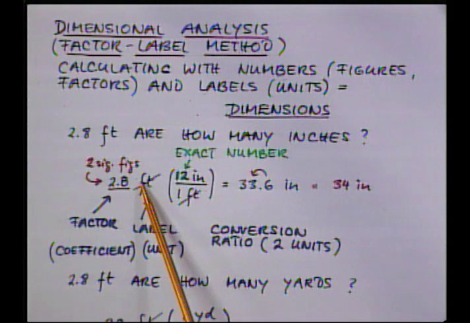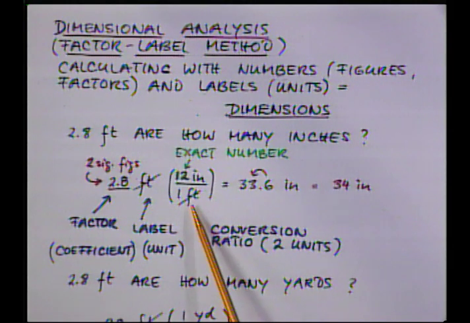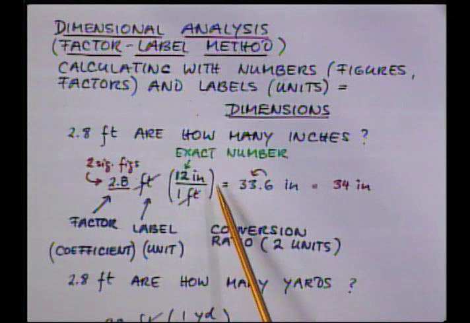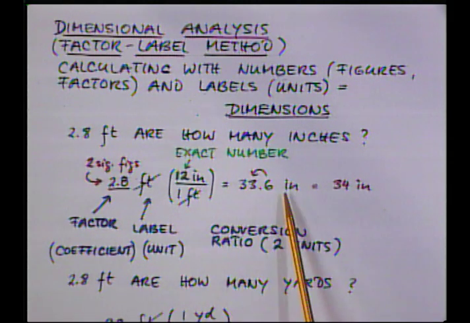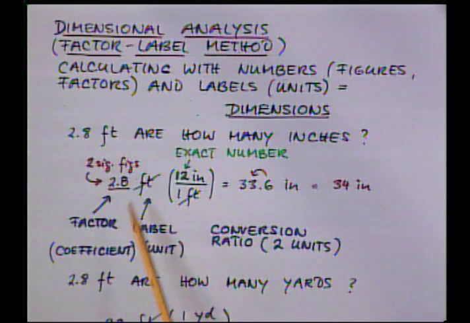that the unit that we want to get rid of has to be in the denominator of the ratio fraction, and the new unit that we want to come up with in the end on the right side of the equation has to be in the numerator portion of that ratio. This is called dimensional analysis because we analyze the units and set up the ratio.